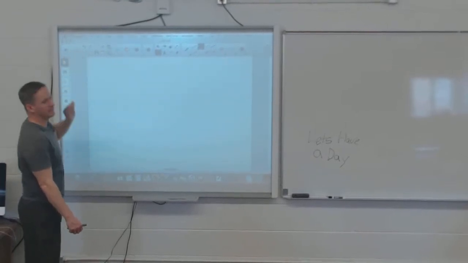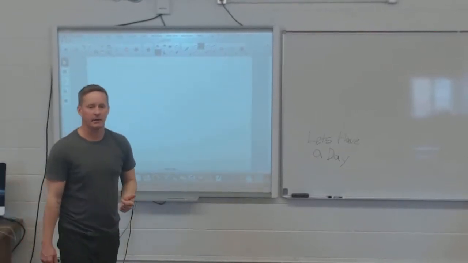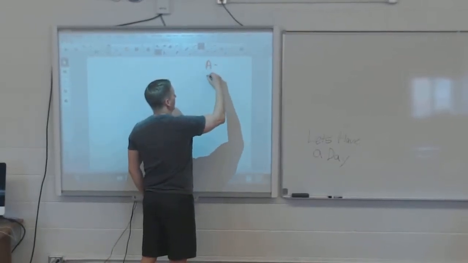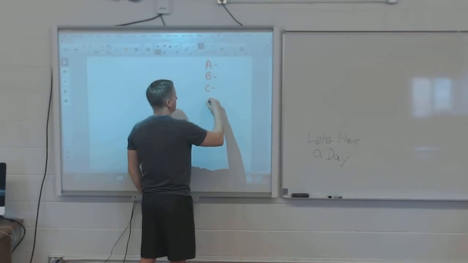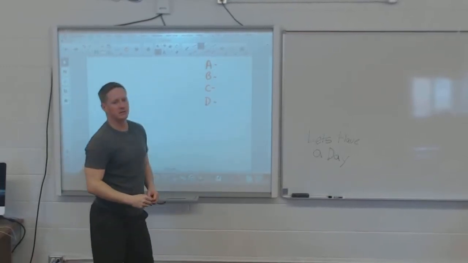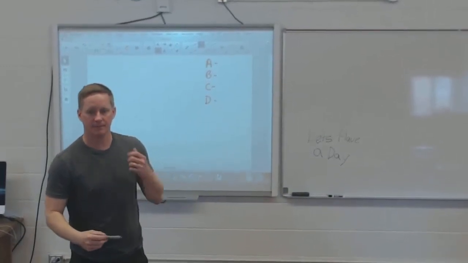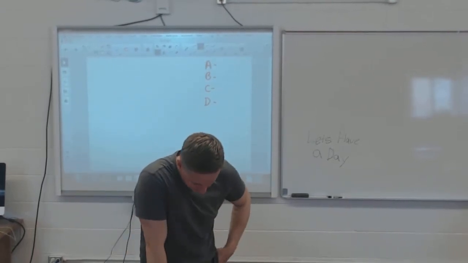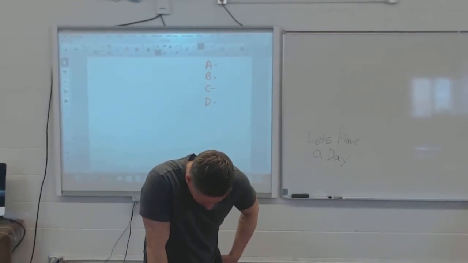All right. Let's try B now. So the first thing that you're going to do is this: A, B, C, D. What's the first thing that's easy to find? Your D value. So find your D value. On 6.